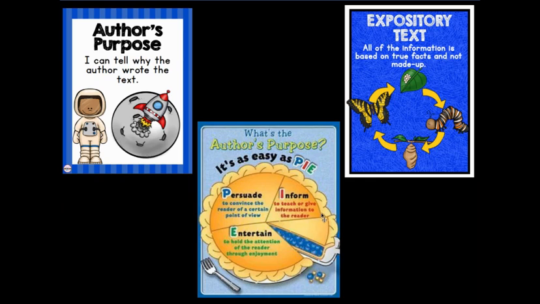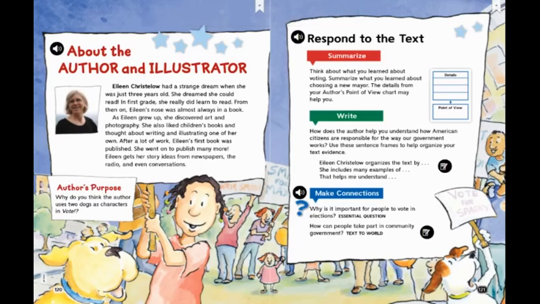They want to tell you truthful information and true facts to teach you something. Now that we know that the author's purpose of writing this anthology text is to inform us, let's hop back over to our text to answer that question.